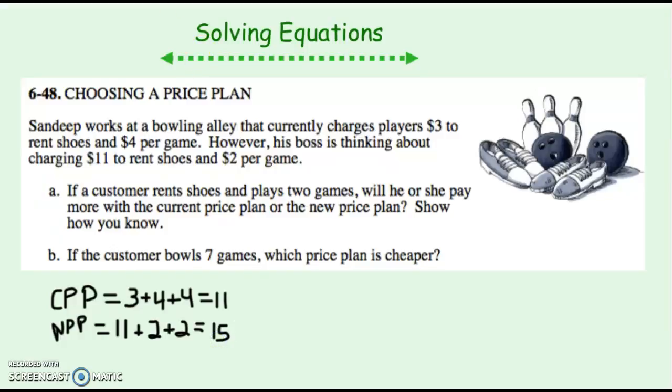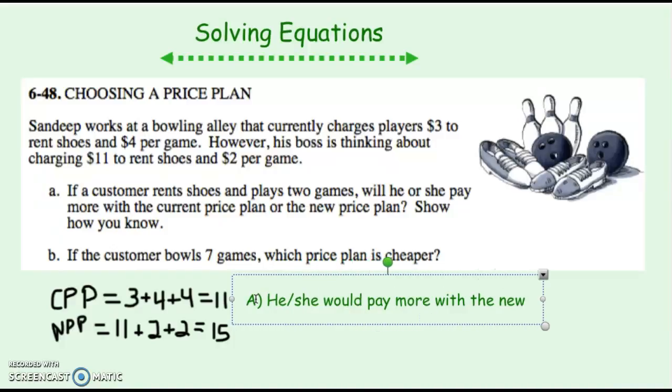So in this case, the question is asking, will he or she pay more with the current price plan or the new price plan? And my answer for A would be he or she would pay more with the new price plan.